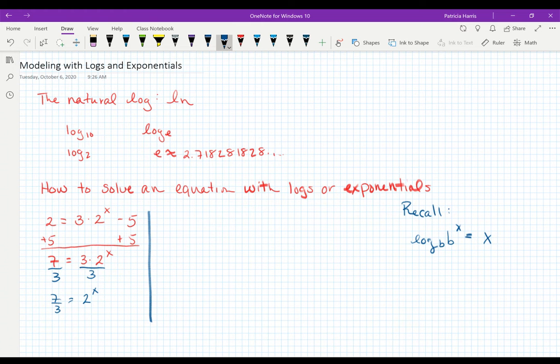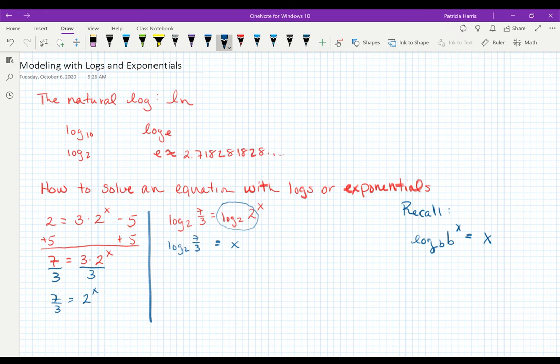So we're going to take log base 2 of 7/3 is equal to log base 2 of 2 raised to the x. What's going to happen here is this log base 2 of 2, since log and exponentials are inverse functions, those will undo each other and you'll just be left with x. And then this part right here is actually going to provide your answer.